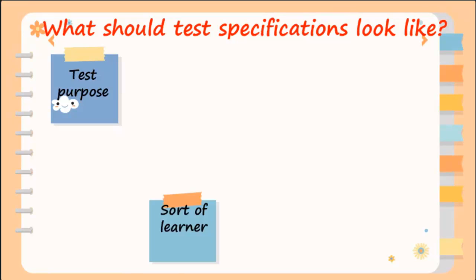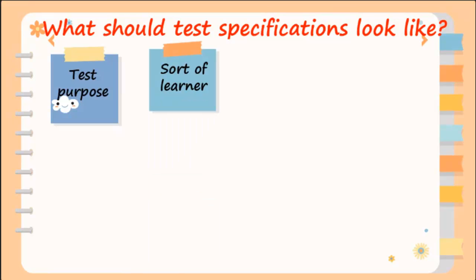The second one is about the sort of learner, including information about age, sex, level of proficiency, the state of learning, first language, cultural background, and also country of origin, or reason for taking a test.